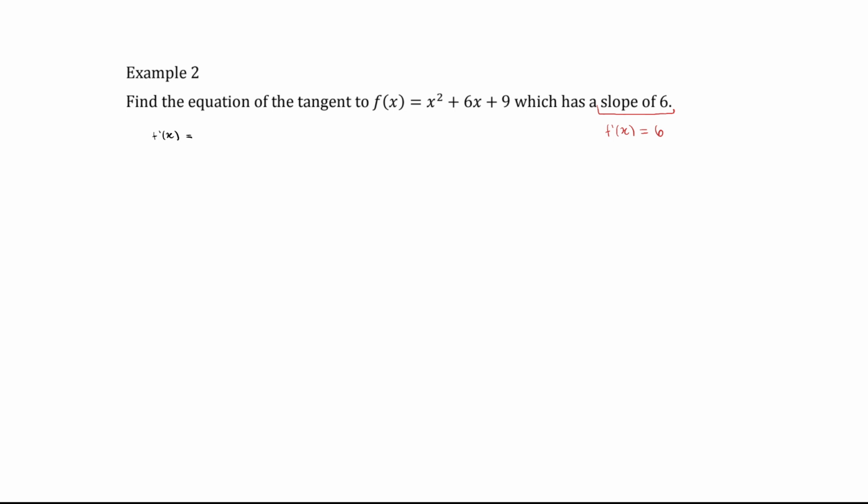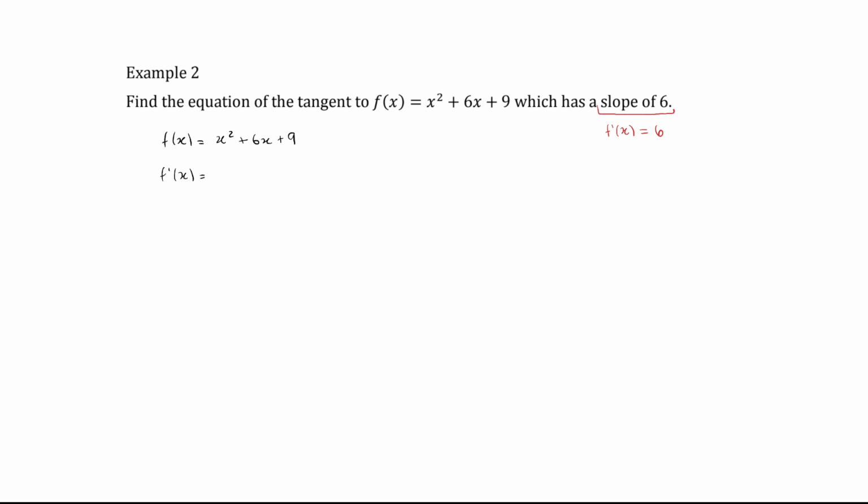In other words, if the function is given by x squared plus 6x plus 9, then the derivative f prime of x, here again we're just going to use a mix of the power rule, the constant rule, and the sum rule, right?